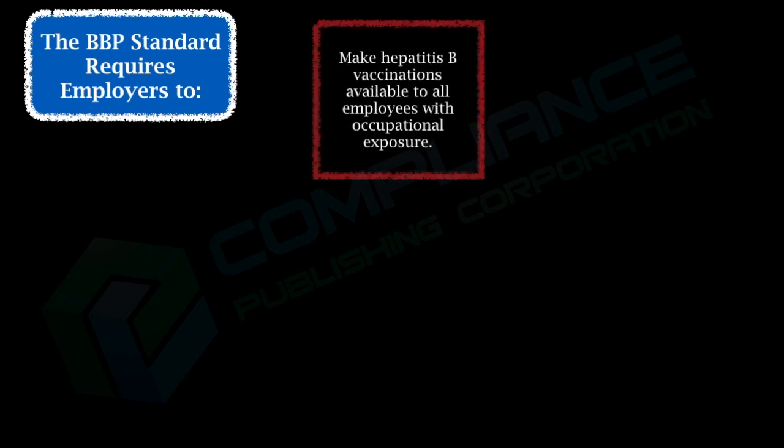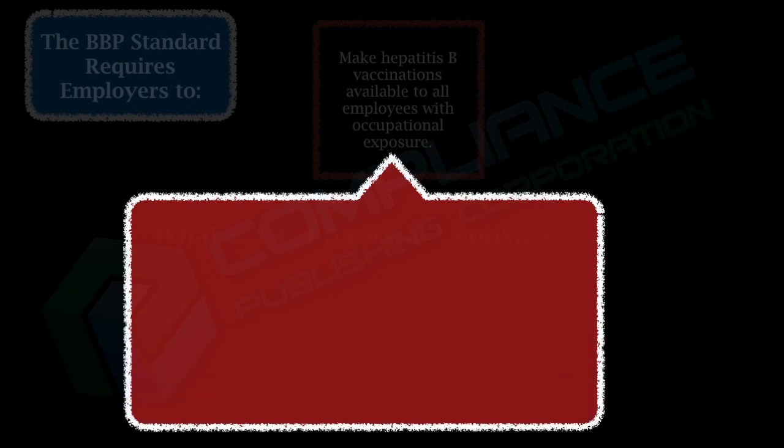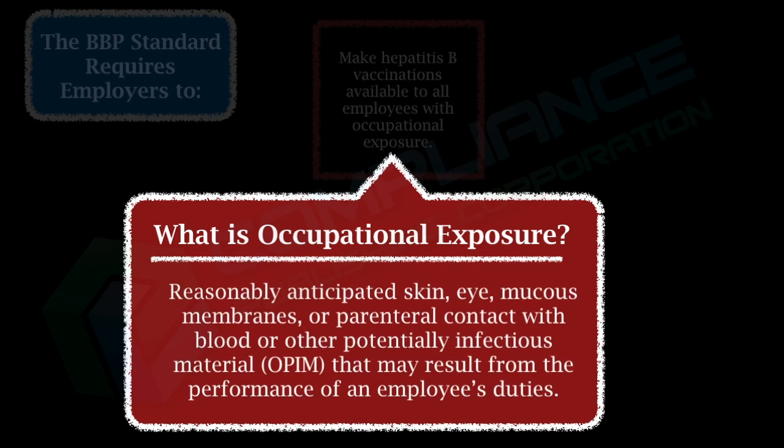Make available hepatitis B vaccinations to all employees with occupational exposure. Occupational exposure: reasonably anticipated skin, eye, mucous membrane, or parenteral contact with blood or other potentially infectious material that may result from the performance of an employee's duties.